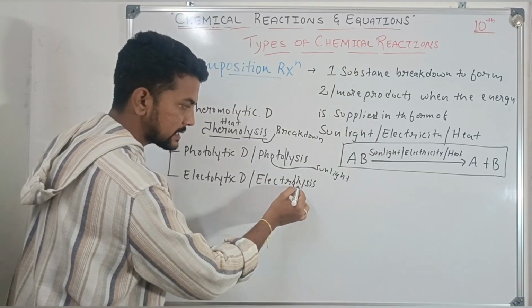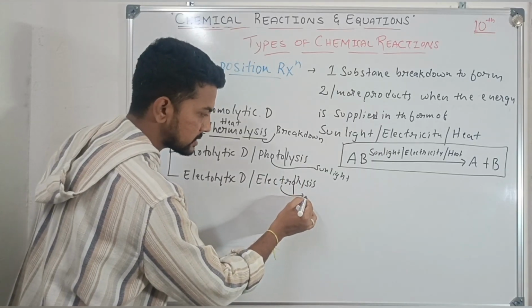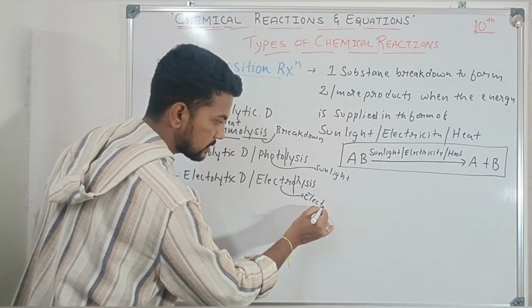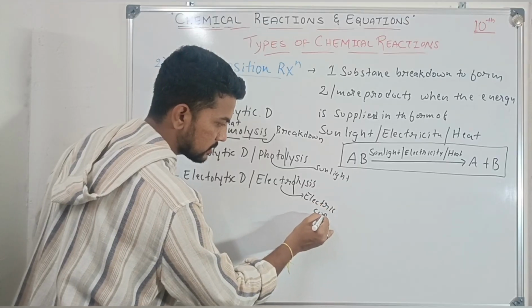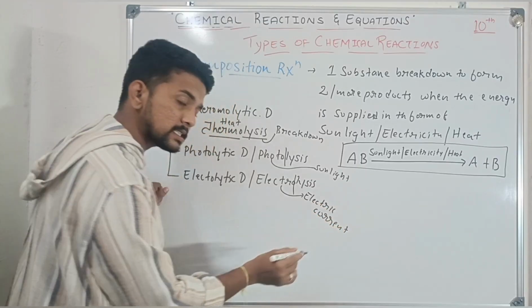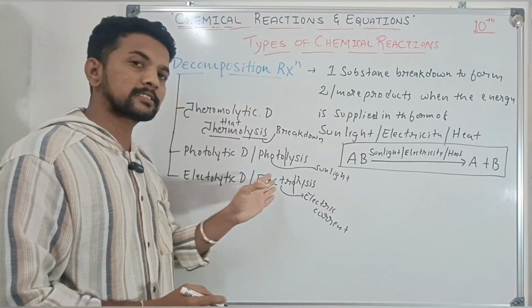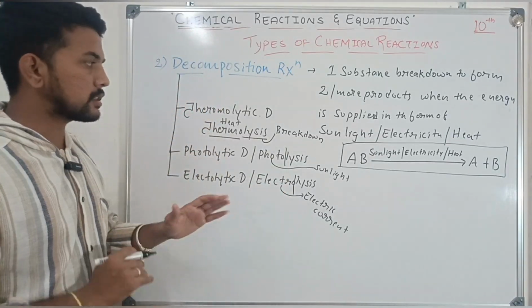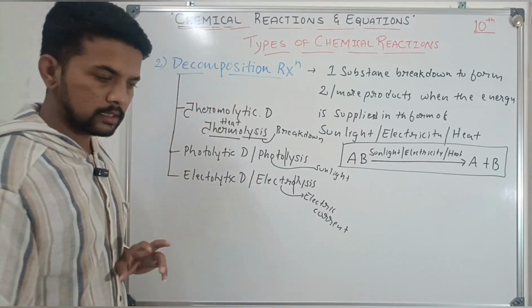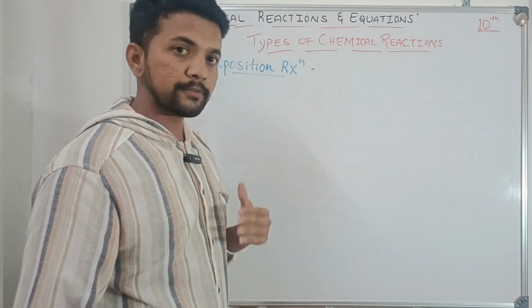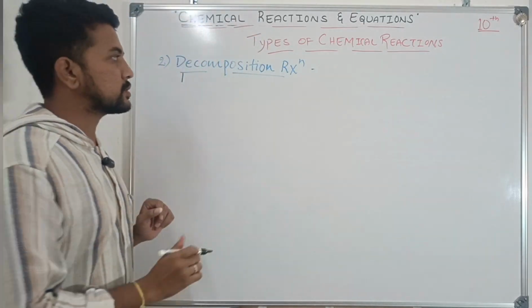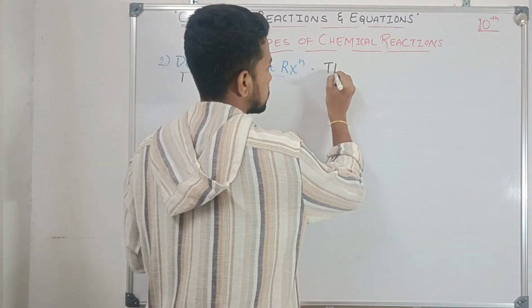Electrolysis: lysis means breakdown, electro means electric current. So breakdown of a substance with the help of electric current is called electrolysis. Let's discuss one by one. With respect to the types of decomposition reaction, the first one is thermolysis.